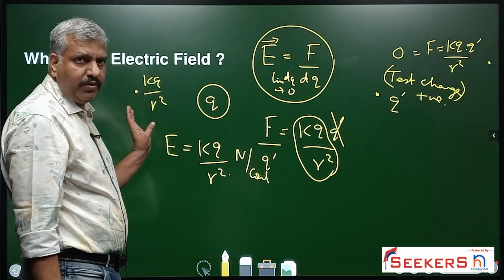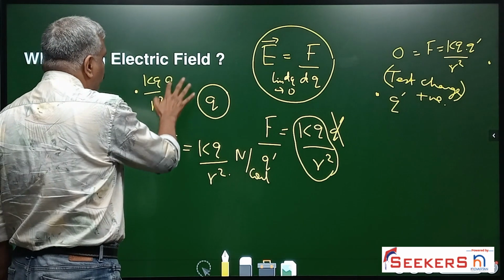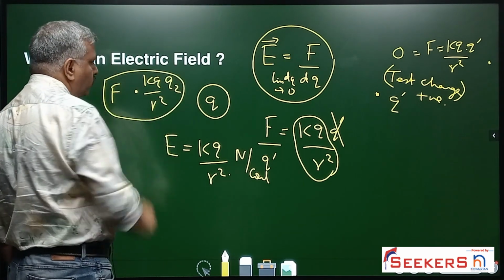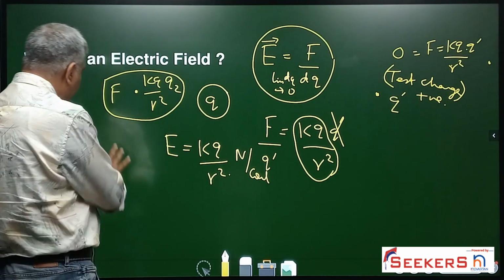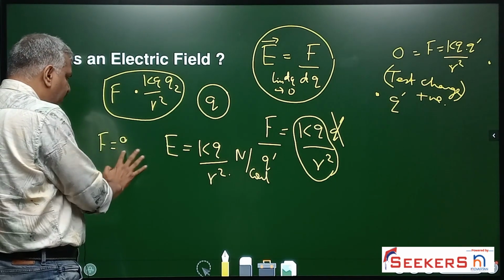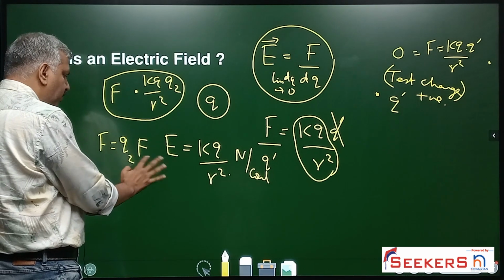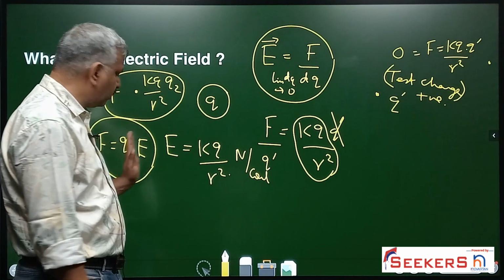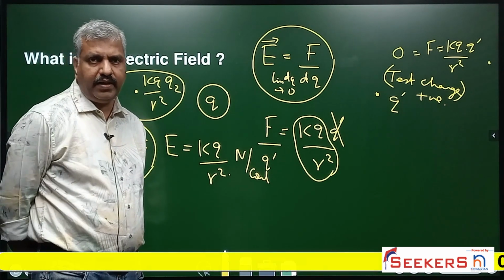This is the force per unit charge. Because I am bringing Q2, the net force on this charge will become K Q Q2 by R squared. That means force is equal to the second charge into the electric field intensity. Force is equal to Q2 into the electric field intensity.